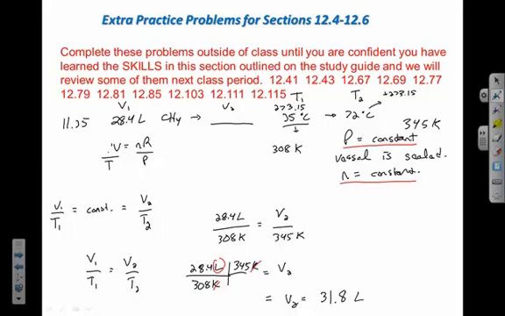That's how much the volume will have to expand to accommodate those faster moving particles without creating greater pressure as a result of the force of those collisions.